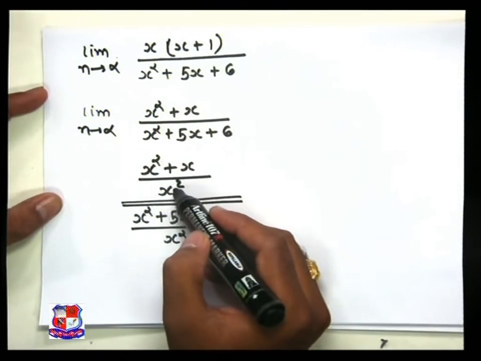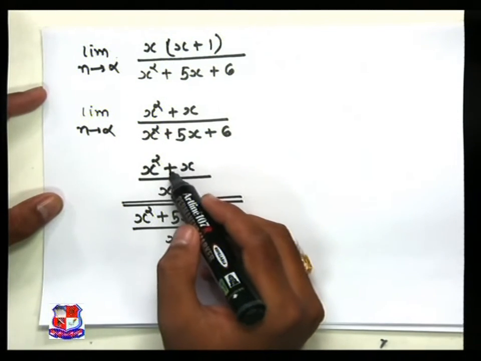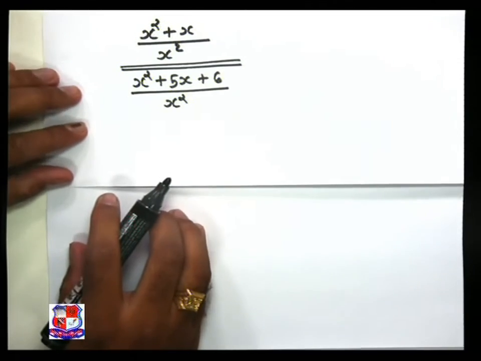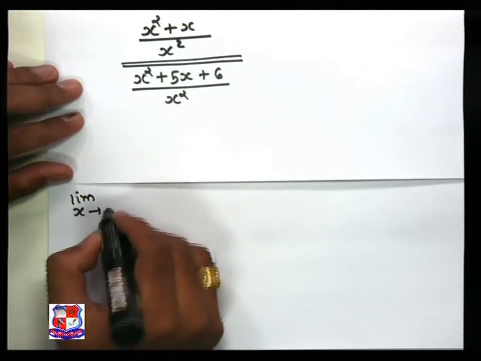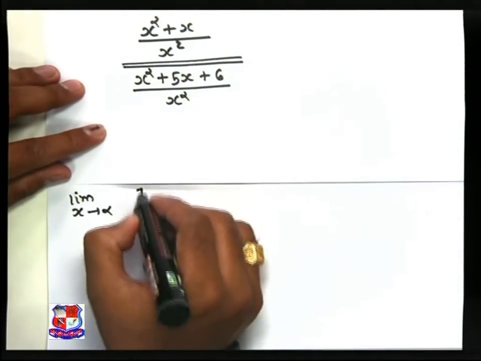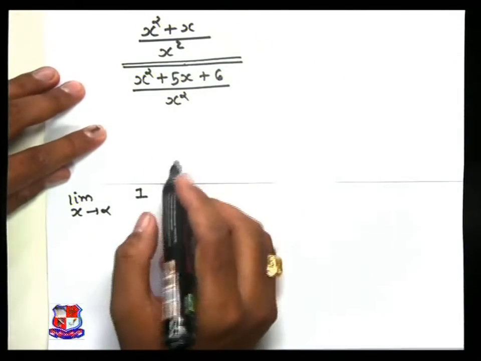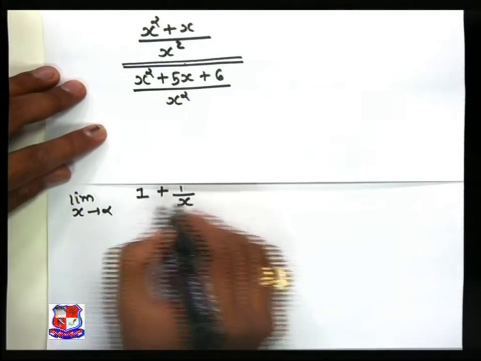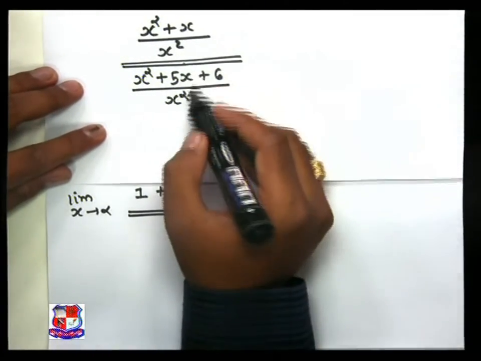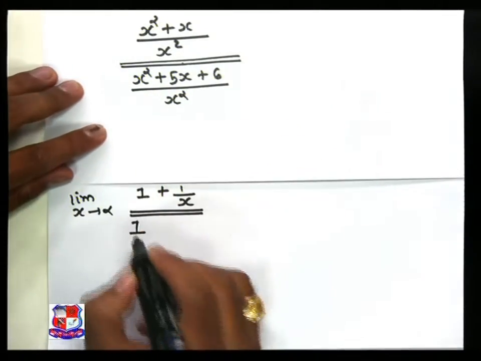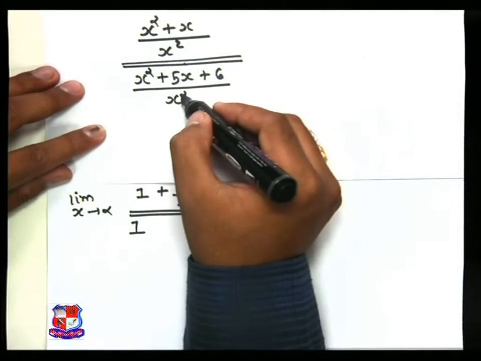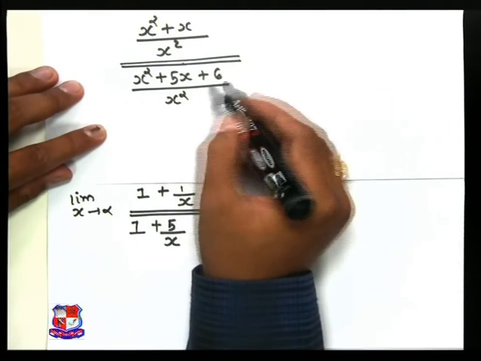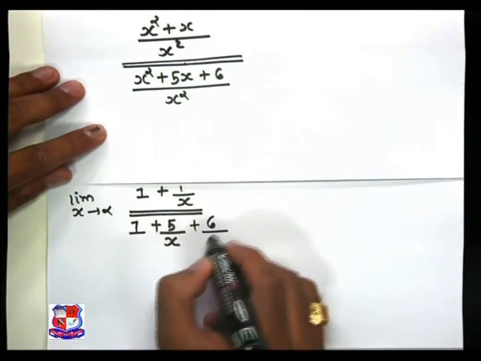So we write first limit x tends to infinity: this x square divided by x square gives 1, plus x divided by x square gives 1 upon x, all divided by x square divided by x square gives again 1, plus 5x by x square gives 5 by x, and 6 divided by x square gives 6 by x square.